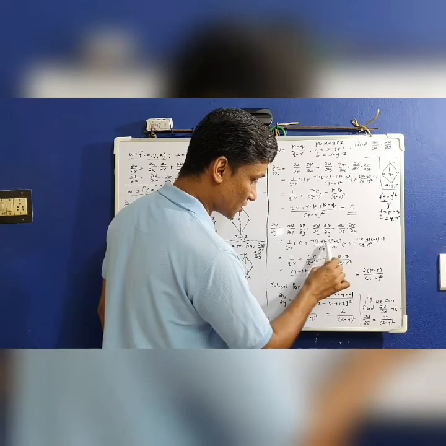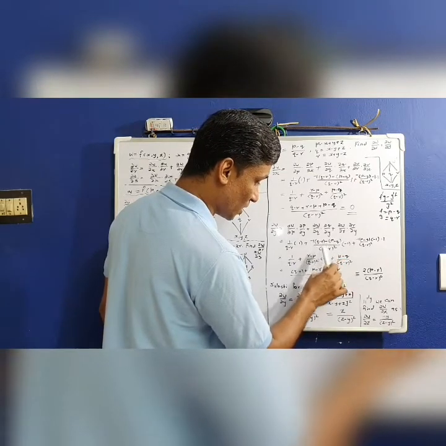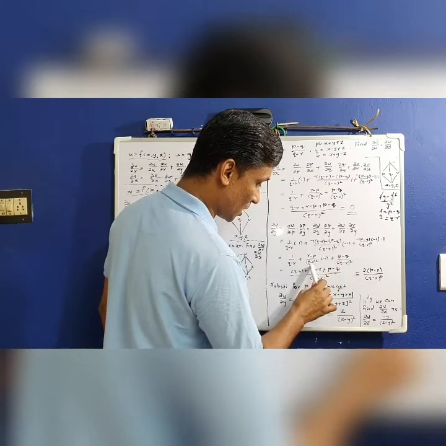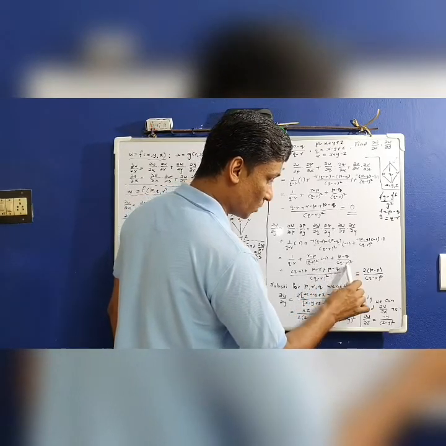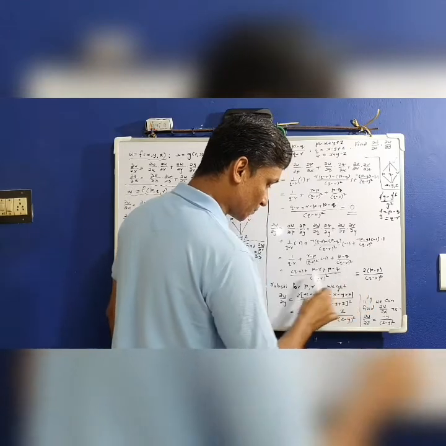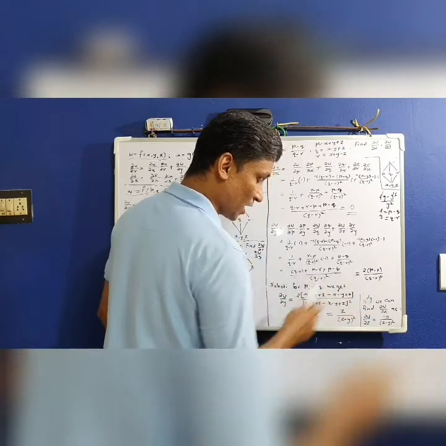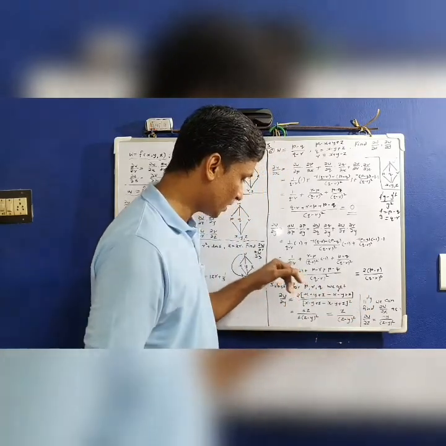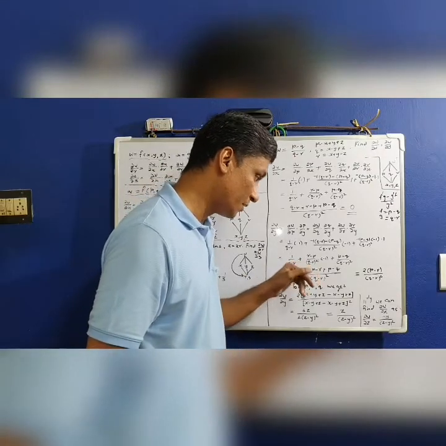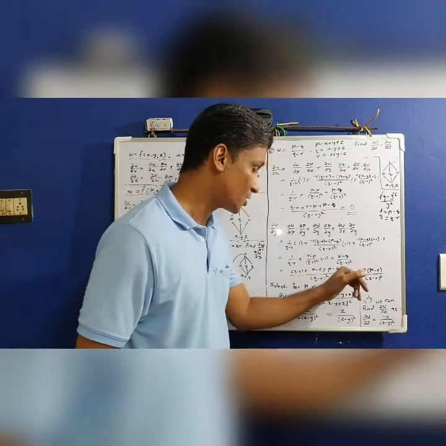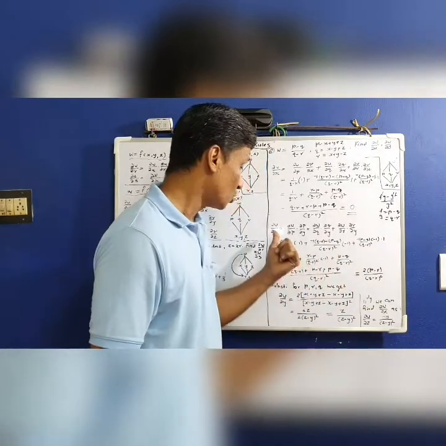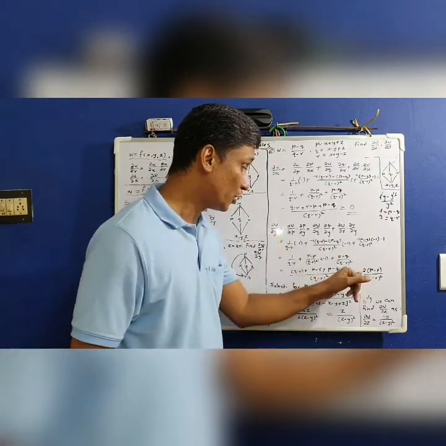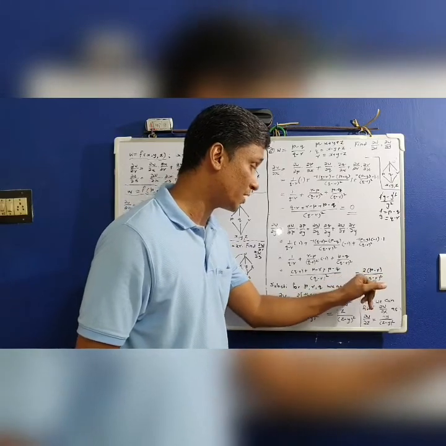When you simplify, taking the LCM, which is (q minus r) whole square, you get the expression as 2 into (p minus r) divided by (q minus r) whole square. So ∂w/∂y is 2 into (p minus r) divided by (q minus r) whole square.